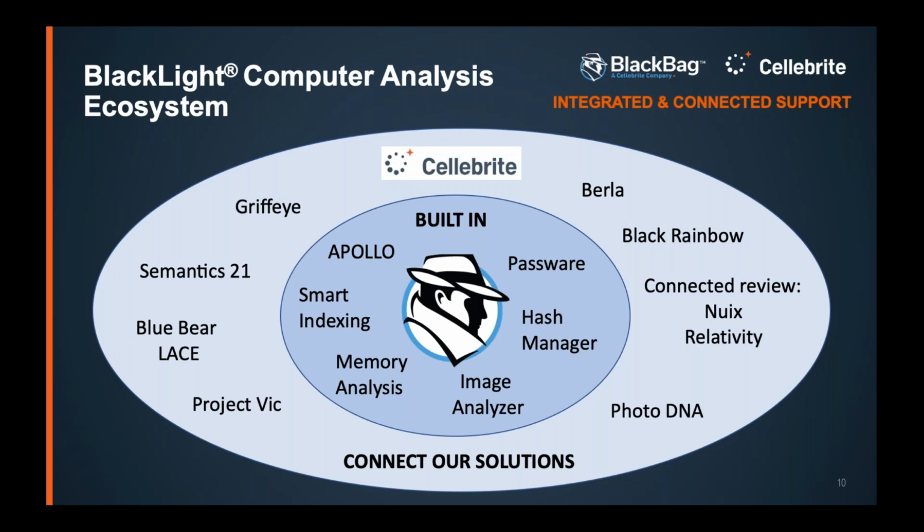You can make sure that Blacklight produces a product that can go directly out into these. There are plenty of other tools that we support, such as Griffeye, and a relatively new one from the UK called Semantics 21. These are all great tools. We don't try and restrict you to any one of these, and we like you to have the ability to use Blacklight to talk to all of these other tools.